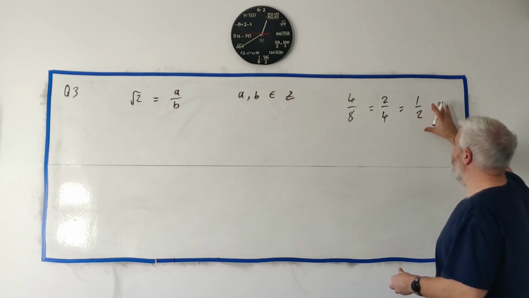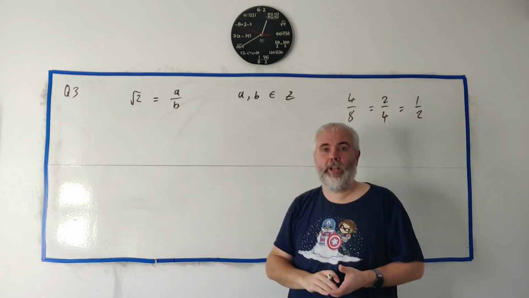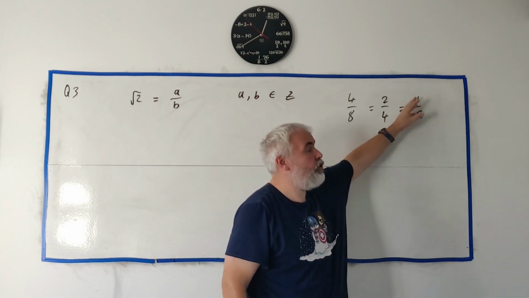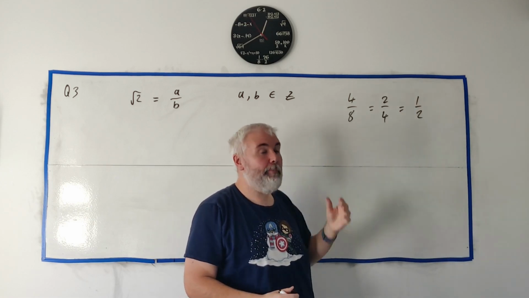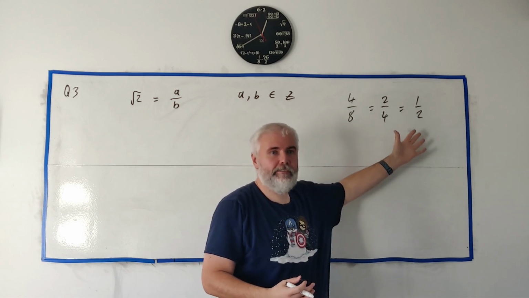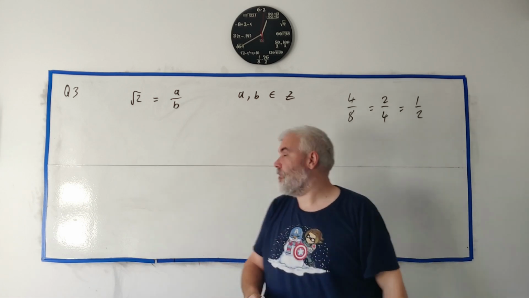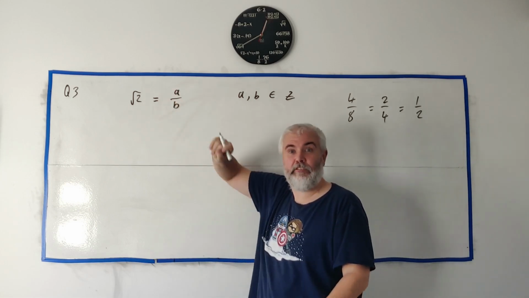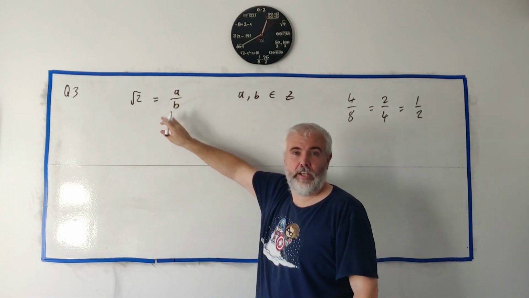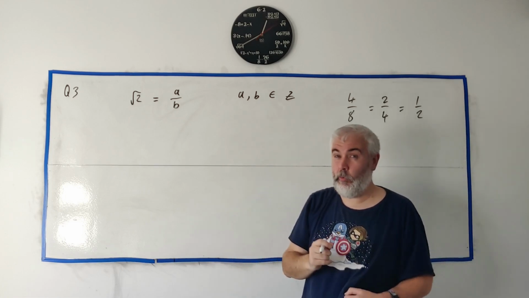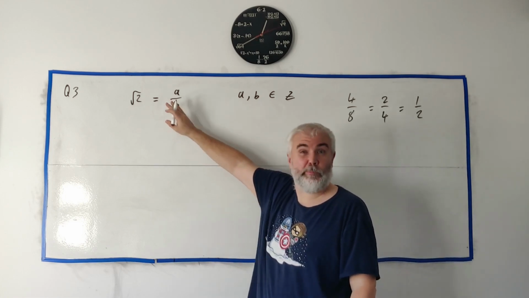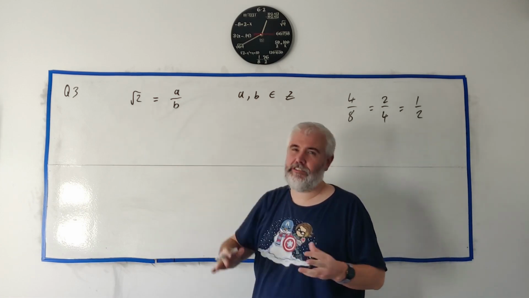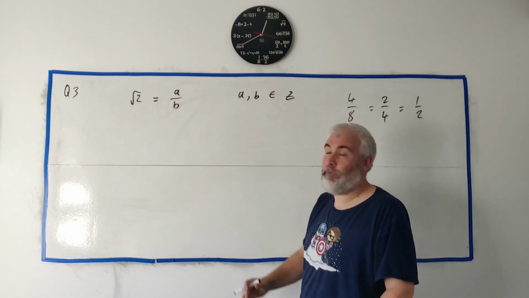Any number that's rational will have a smallest fraction, a fraction where the two numbers don't have a common factor. So we'll assume that square root of 2 has one of these. Every rational number does. So to prove square root of 2 is not rational, we're going to show something's wrong here. We're going to just assume it is and show that something goes wrong when we play around with this a bit.